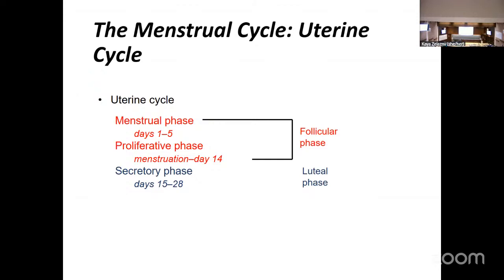Then from the end of that menstruation up until ovulation, so up until the end of that follicular phase, you're going to be in the proliferative phase. So you're going to be basically regrowing tissue. And then after ovulation, as your ovaries are moving into the luteal phase and we have that corpus luteum taking on some hormonal roles, your uterus is going to go into the secretory phase where it starts secreting things.